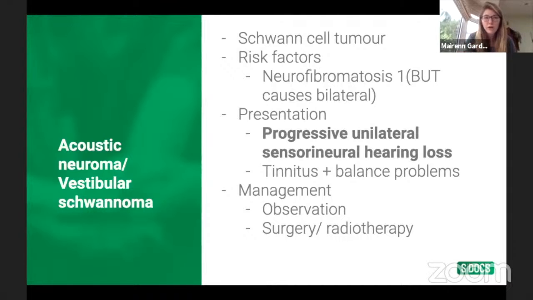Because of the slow growing nature of these tumours, a lot of them are observed to begin with until there's severe hearing loss or other symptoms become difficult, or you're worried about it spreading further. When the tumour's a certain size, most commonly they'll treat it by surgery, but radiotherapy is also beginning to be used more and more.